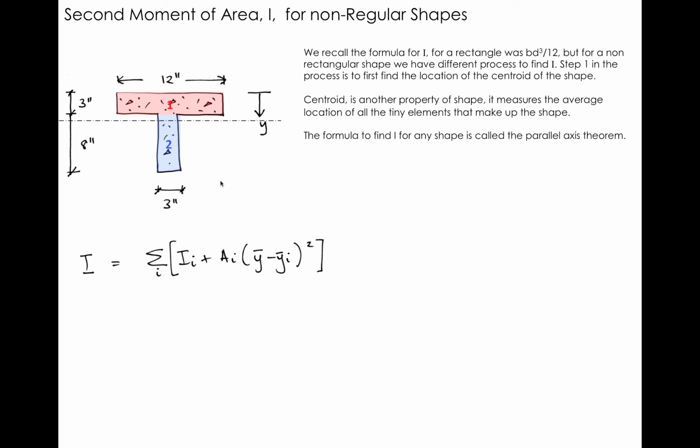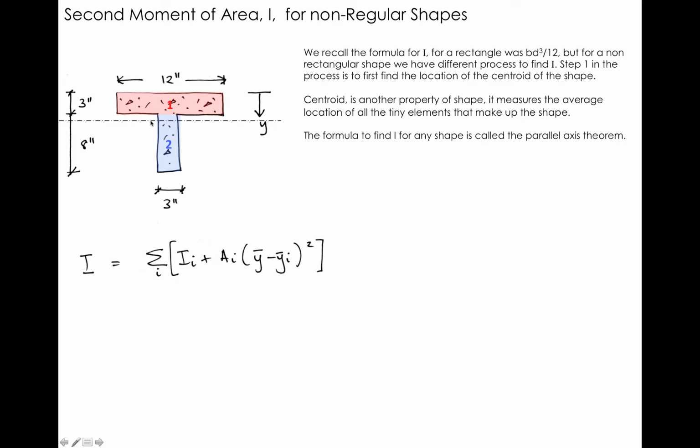The parallel axis theorem states that the I for any shape made of a bunch of shapes we do know the I for can be found by adding up all of the individual resistances to bending, that's these I shapes here, plus the area of those shapes times the distance of that shape's neutral axis to the neutral axis or centroid of the whole shape. This is a tricky concept.